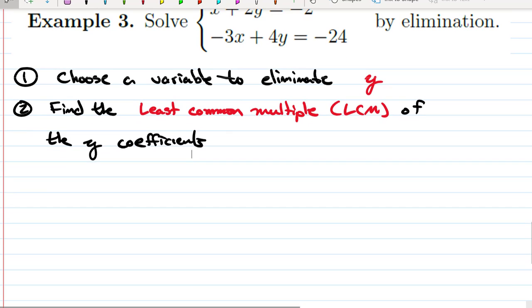In this case, our y coefficients are 2 and 4. So the LCM of 2 and 4 is 4.